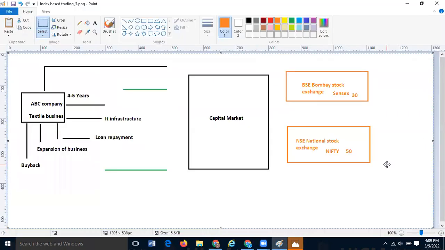So there are certain norms: you should be in a genuine business. When you say that you want funds, you should have a valid reason. You cannot say that we want to enjoy it.